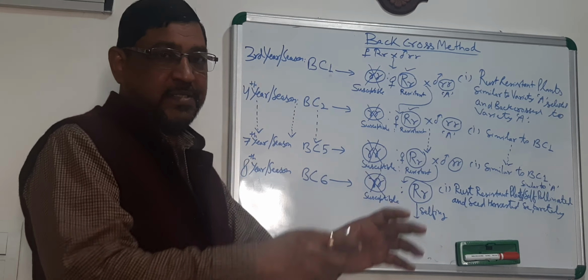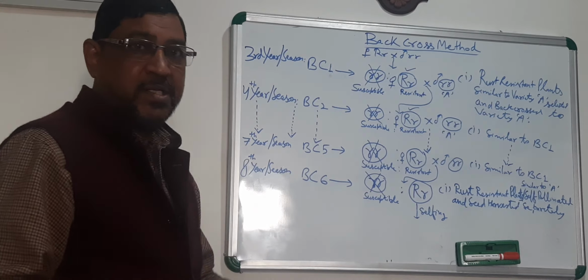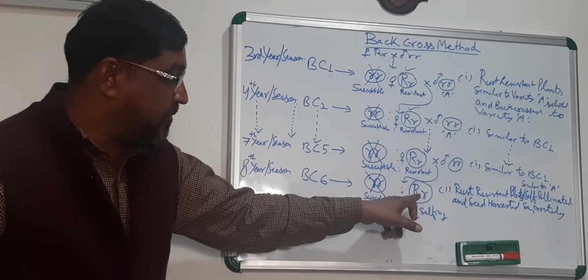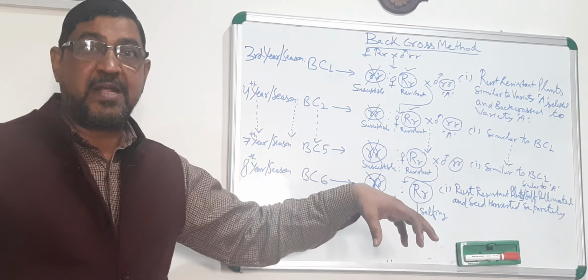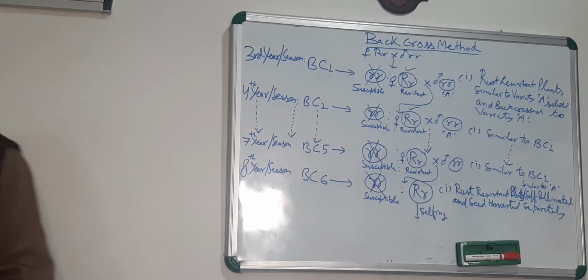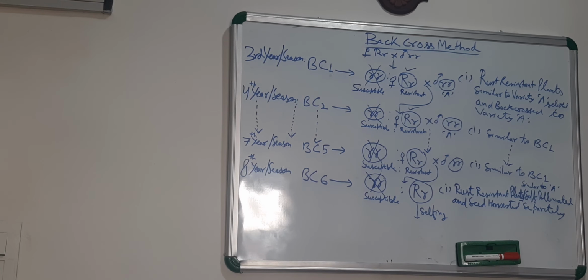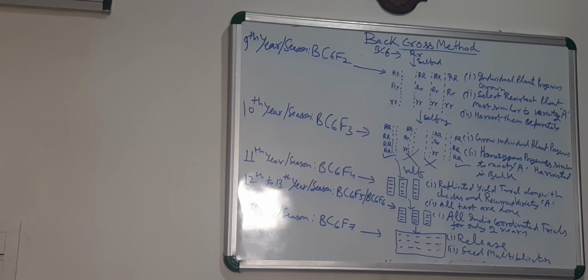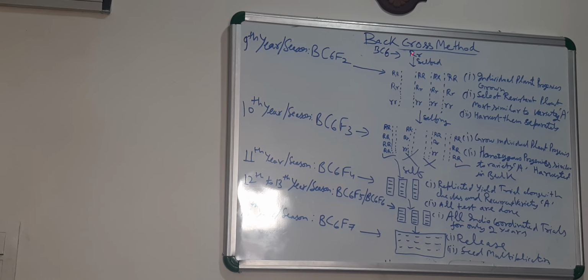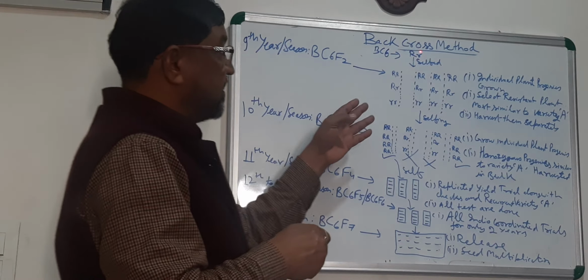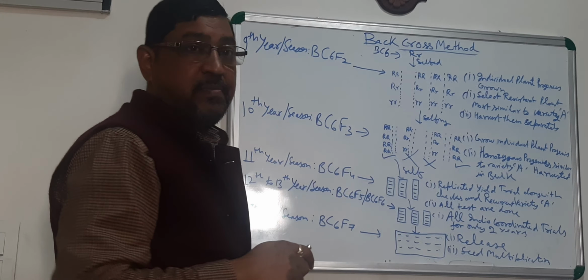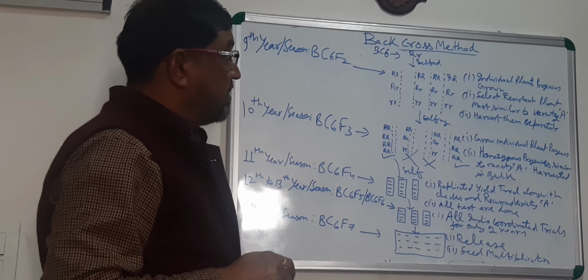You can self it. Once you are selfing it, what are you going to get? Capital R is crossed with capital R. In that way you are going to get BC6 F2. So you have selfed the BC6 generation, the resistant plant you have seen is capital R small r, which has been selfed.